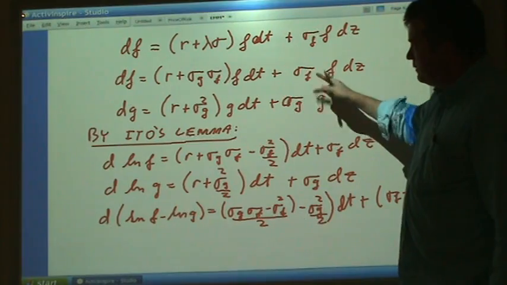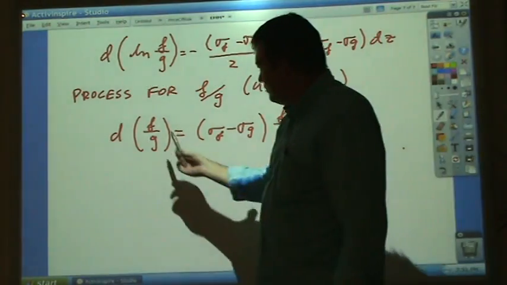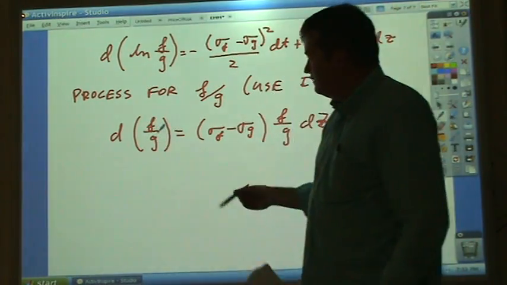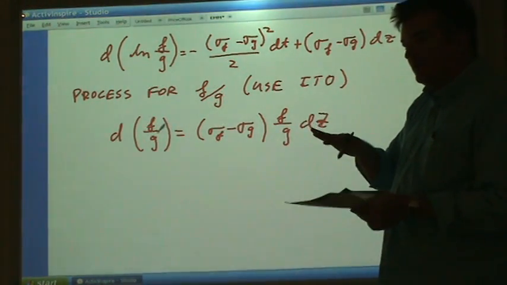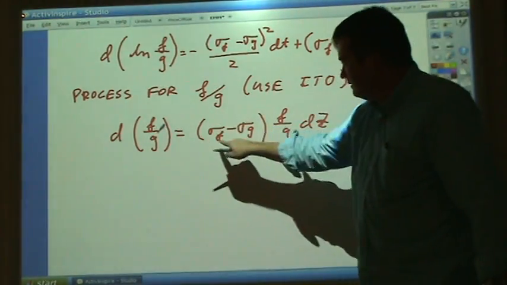Combining these two formulas to then use Ito's lemma to come up with a process for f divided by g. So if we had a variable f divided by g and just let it run, this is what it would turn out to be.